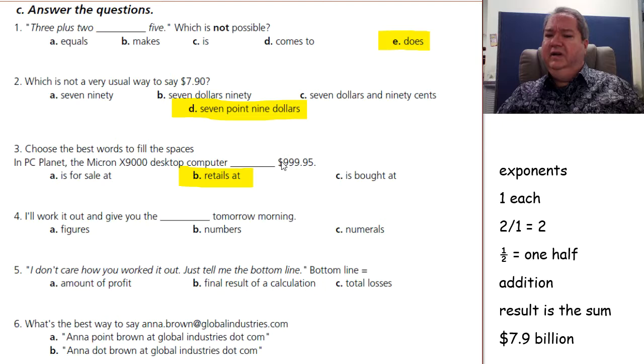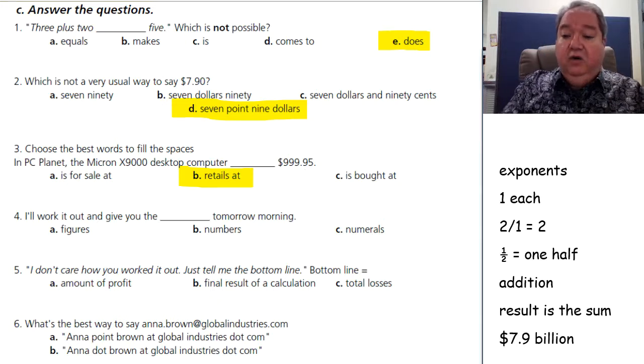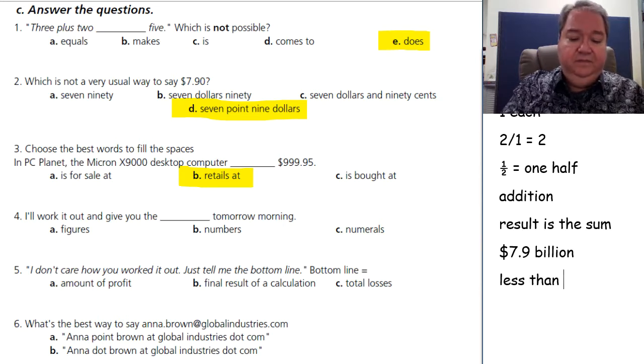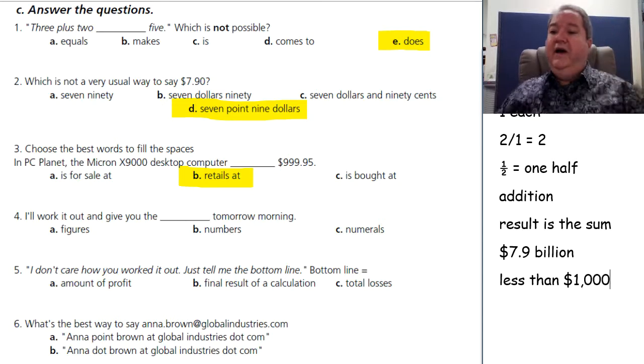Why do they use big numbers like this? Why do they use large numbers like that? But not, why don't they just say $1,000? Because they want to advertise that it costs less than $1,000.